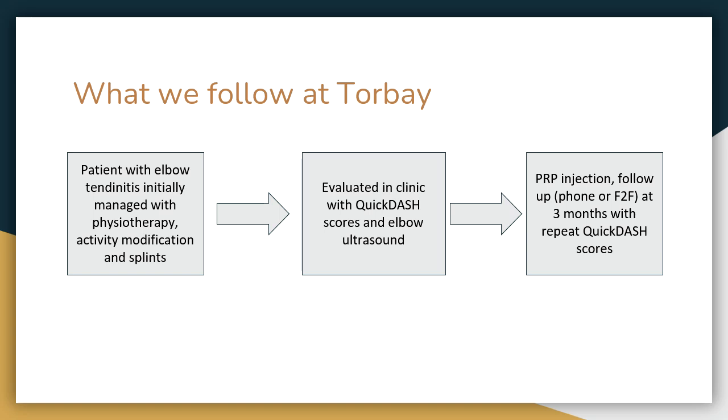If they agree to a PRP injection, we take their blood, centrifuge it, generate the platelet rich plasma, and inject it under ultrasound guidance into the area with the maximum disorganization and sometimes neovascularization when you turn on the Doppler mode of the ultrasound. We usually follow them up either by phone or face to face at 3 months' time for repeat QuickDASH scores.